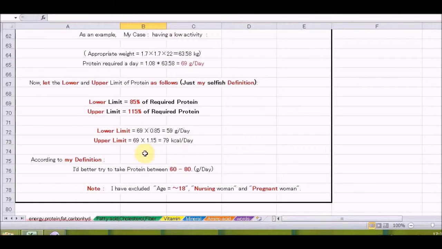Upper limit is 79 grams per day. According to my definition, I'd better try to take protein 60 to 80. Now I have to say I have excluded age under 18, nursing women, and pregnant women.